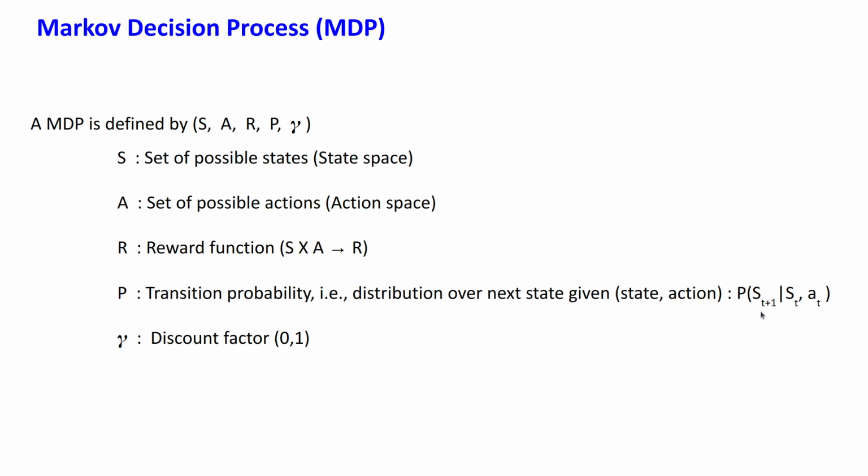So ST plus 1 depends on what the current state was and what action I have taken. Based on that, my next action would be decided. If you say, okay, this concept is okay, you understood it, then I'll go to the next state, means the next slide. That will be your next state, ST plus 1, given ST and the action. So these four things must be very clear.